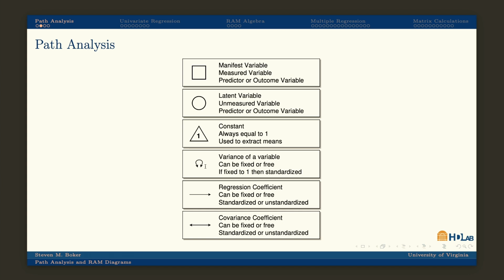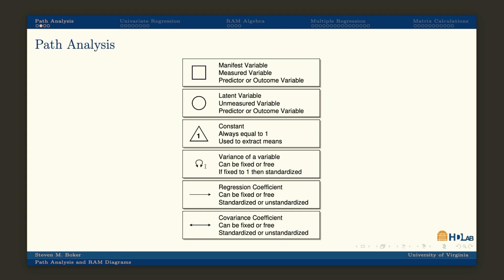It's a connector. It's like Legos, but it has no variance, and so the variance is not estimated. And that's a perfectly fine thing to do. But if I see a variable without this double-headed arrow, I'm going, well, why does that have no variance? Did the person mean that, or did they just forget the double-headed arrow?